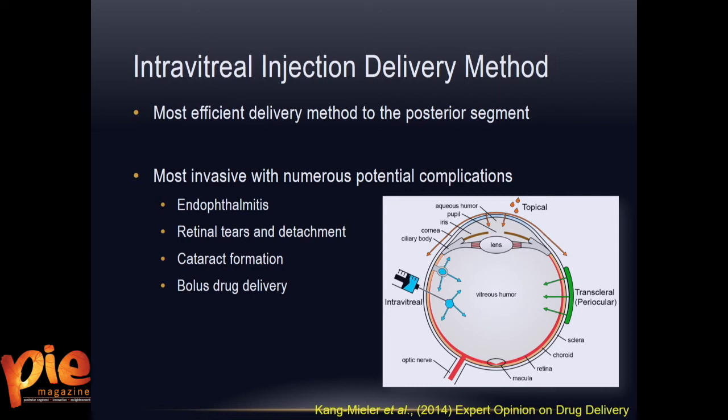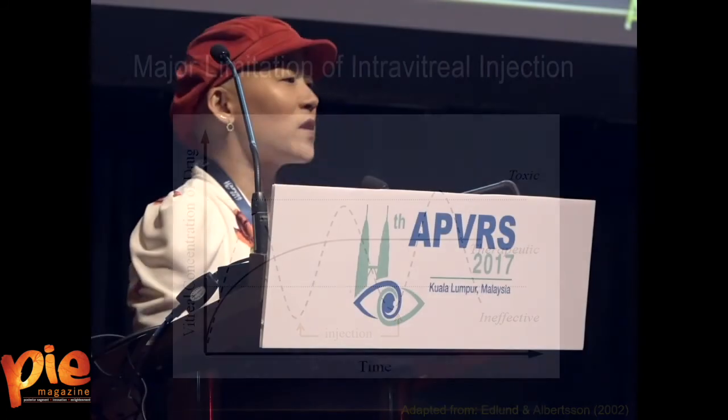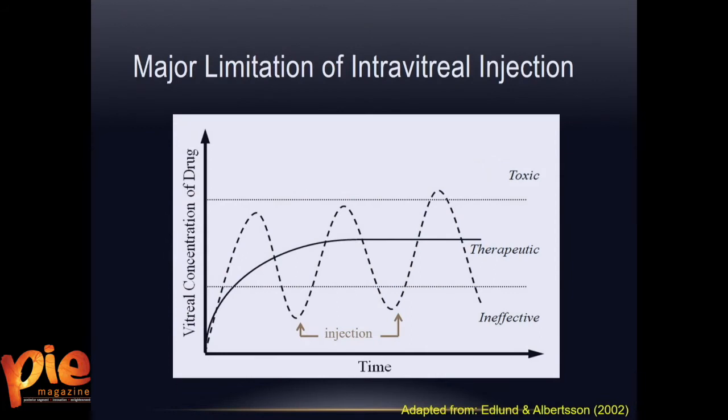But really the biggest challenge is the bolus amount of drug delivered to the eye. What do I mean by that? After injection, the eye experiences a high concentration of the drug, which then, with the short half-life and fast clearance, rapidly decreases the amount of drug exposure to the tissue. So the eye experiences this high and low concentration, which can be either toxic or ineffective.